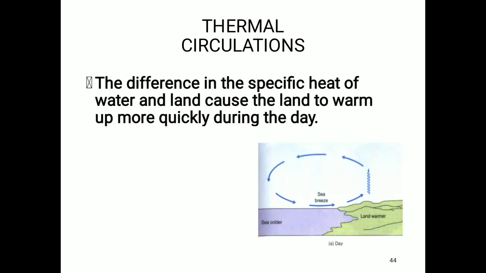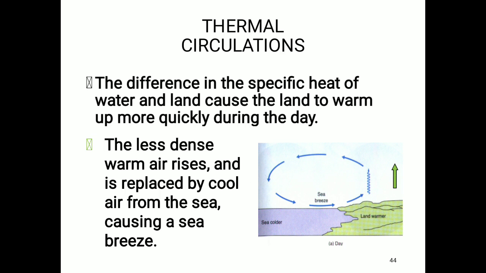Now we will look at some thermal circulation. The difference in specific heat of water and land causes the land to warm up more quickly during the day. So you can now know the concept of specific heat: the material which has the higher specific heat capacity will absorb more heat.